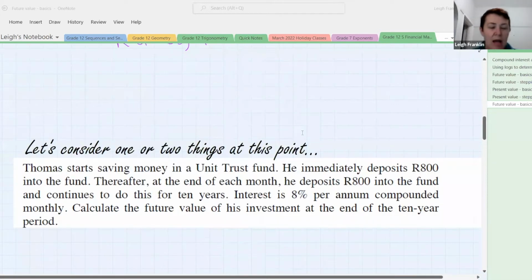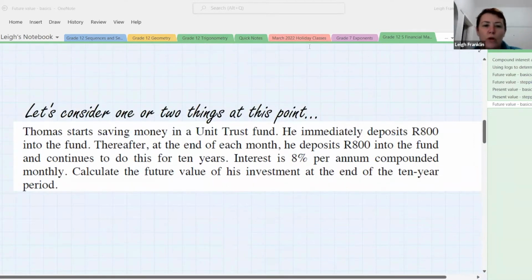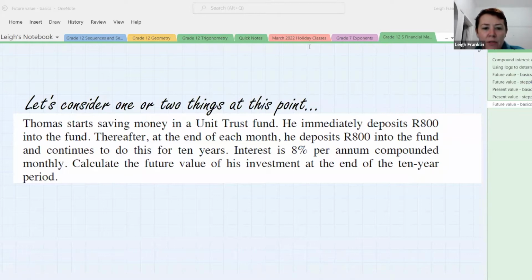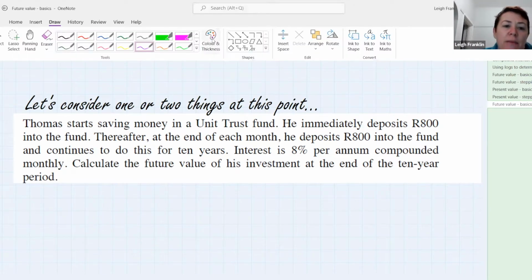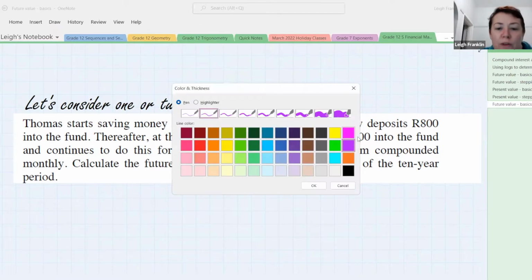Okay, now I want to just talk a little bit further about this word immediately, all right? In this particular case, what I want us to do is disregard this sentence. So I'm going to disregard it, and then I'm going to include it, and I'm going to show you the difference between the two, okay?